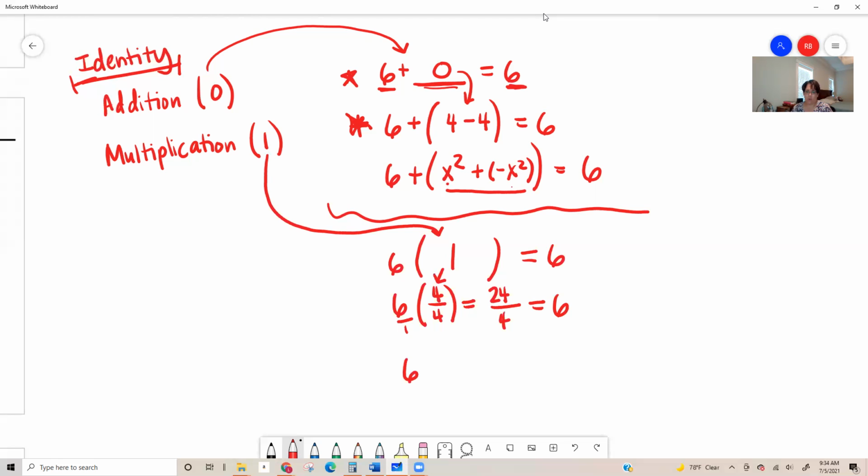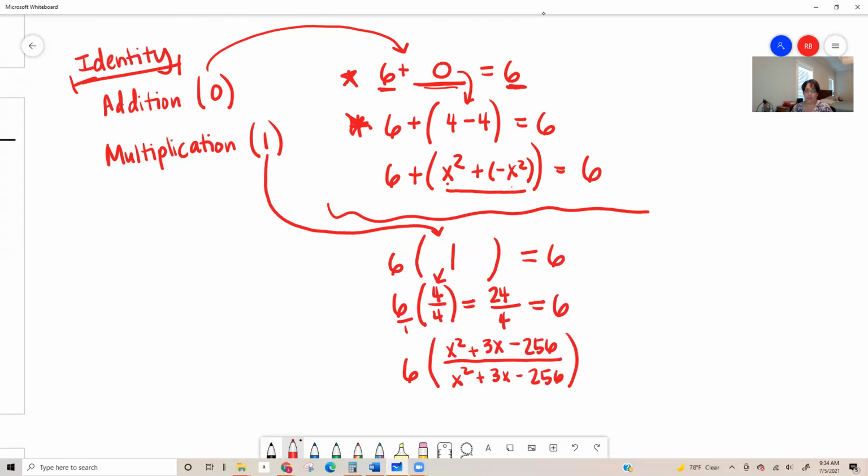So let me show you one more. Let's say we had 6, and I'm going to make this one really ugly. Let's say x squared plus 3x minus 256. If I put that all over itself, x squared plus 3x minus 256, guess what?